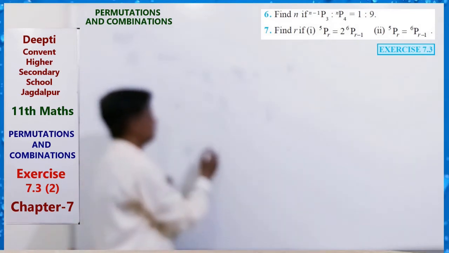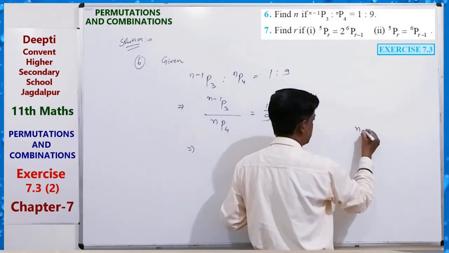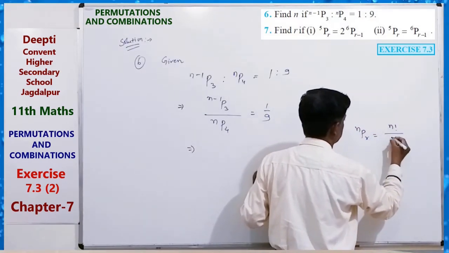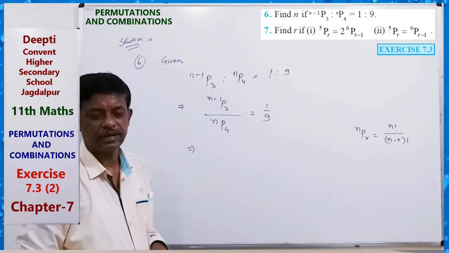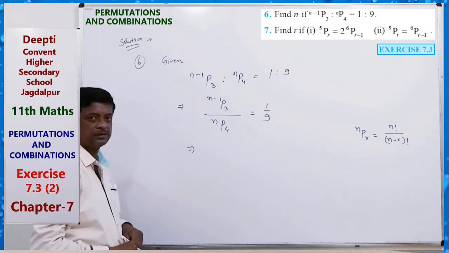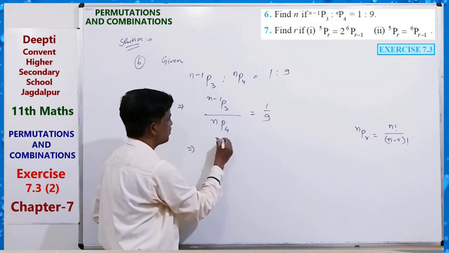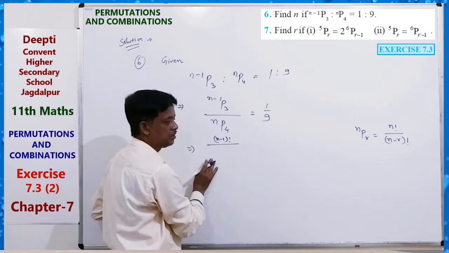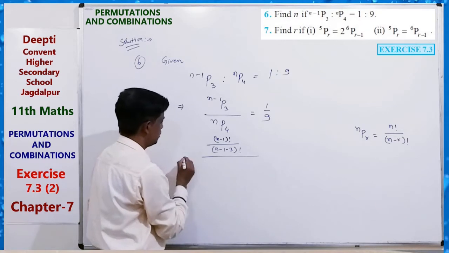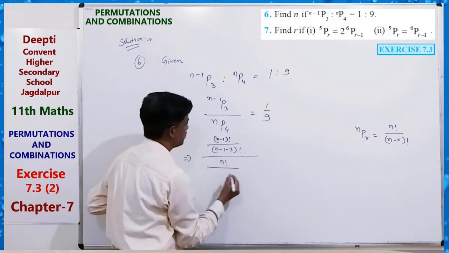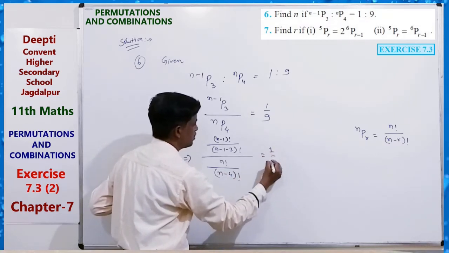How? Just use the formula nPr. We know the formula: nPr equals n factorial upon n minus r factorial. Just use it in place of n minus 1. So n minus 1 factorial upon n minus 1 minus 3 factorial, upon n factorial upon n minus 4 factorial, is equal to 1 upon 9.